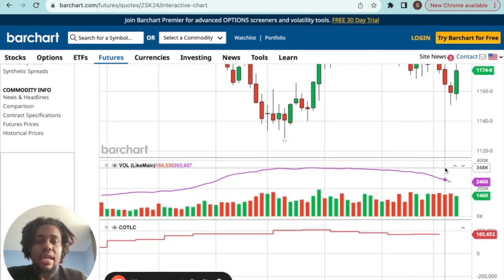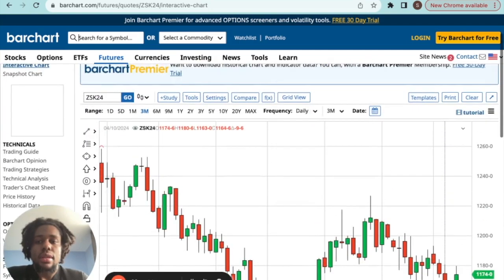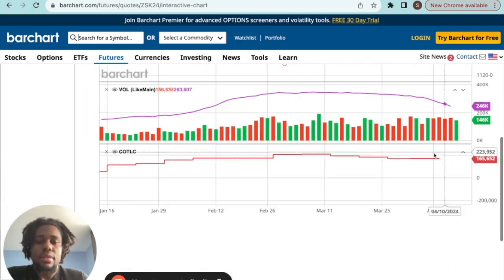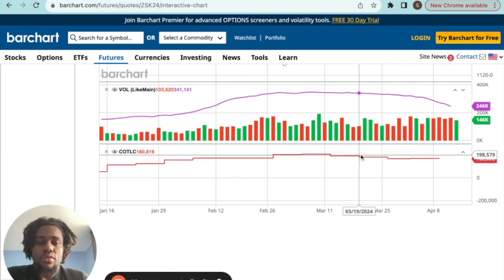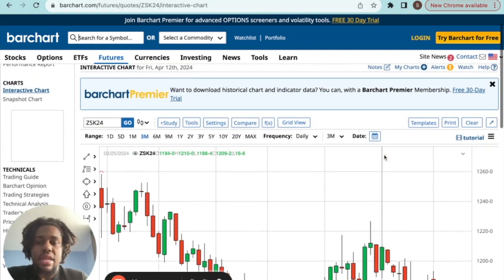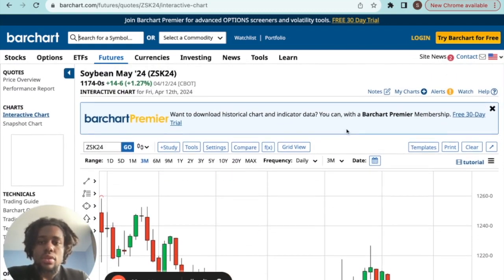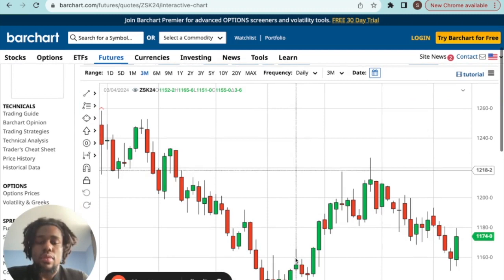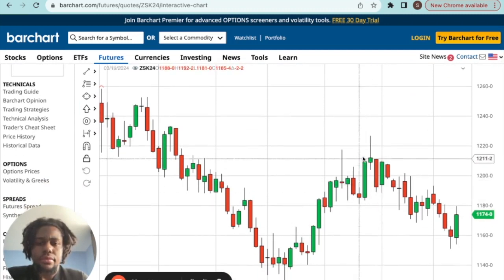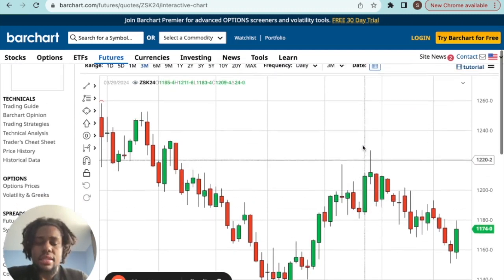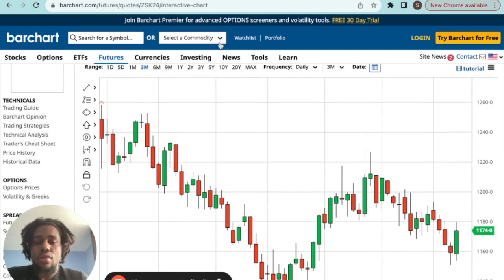We do see less of a drop off on open interest for soybeans, but we do see that smart money is hedging bullishly on soybeans ever so slightly. So overall, we're going to say here that it seems that grains on the whole are bullish.